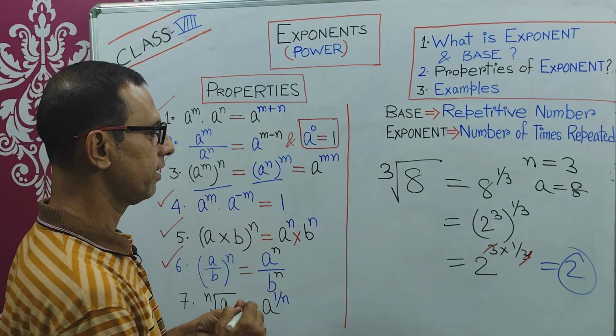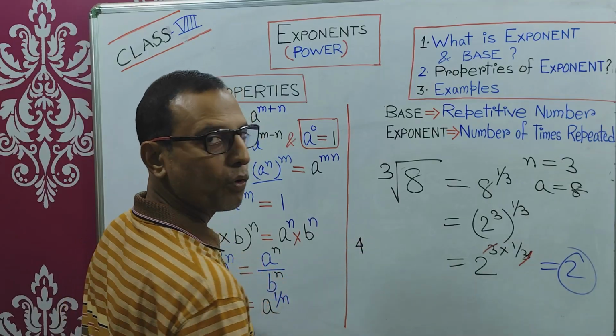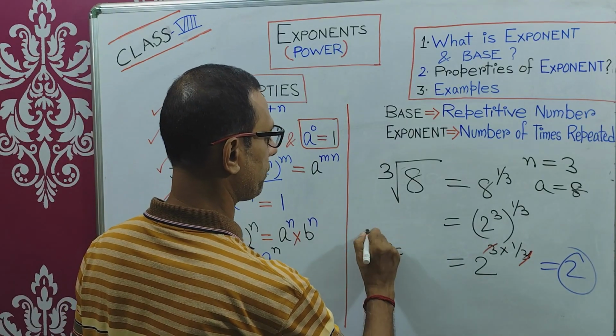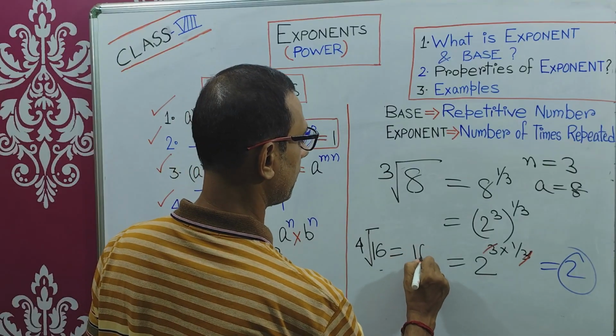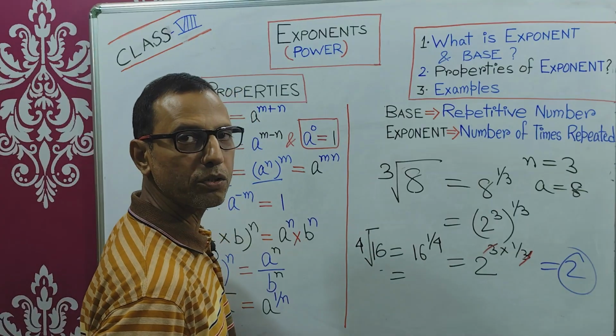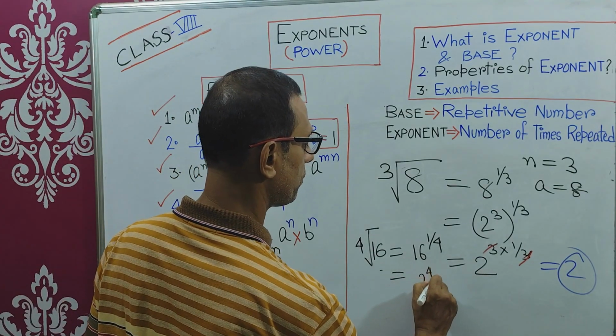If I say 4th root of 16, what does it mean? 4th root of 16 means 16 to the power 1 by 4. How can you represent 16 as 2 to the power 4?